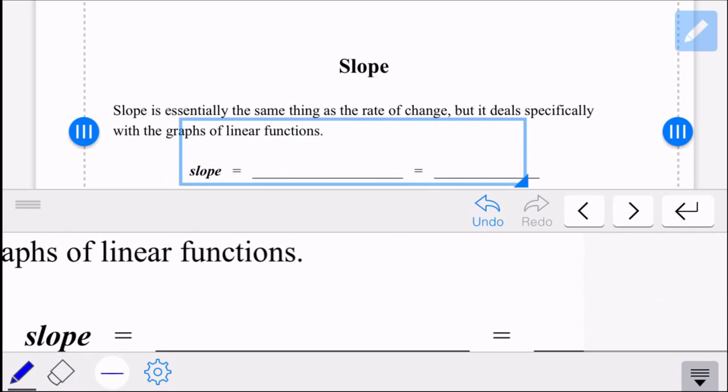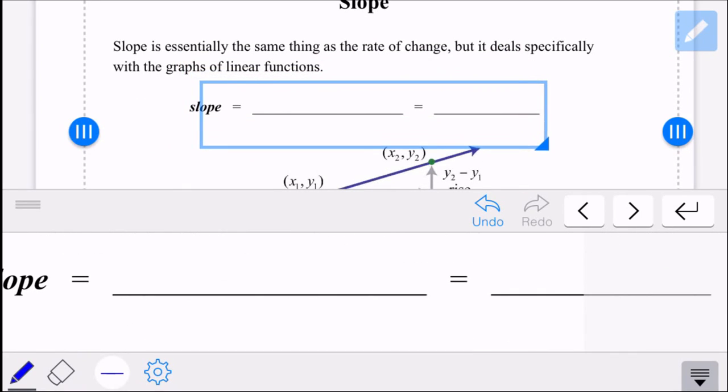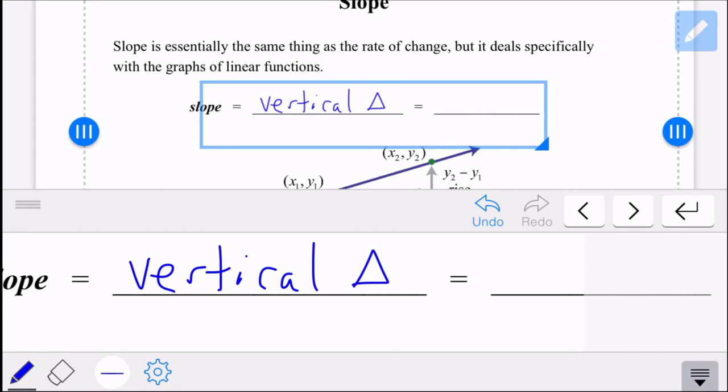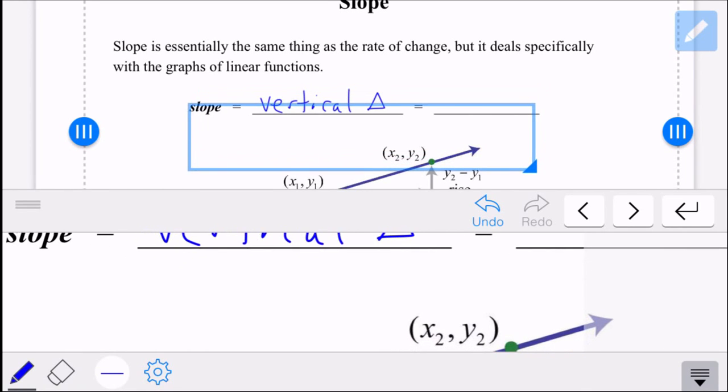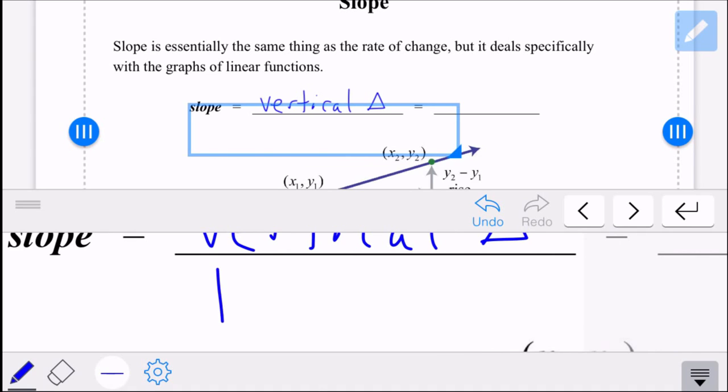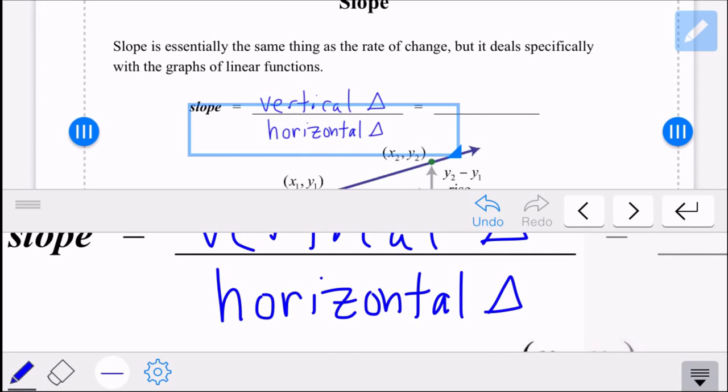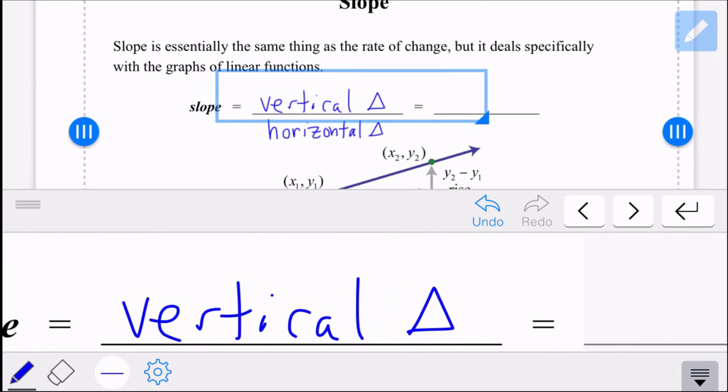So slope is going to be, on our graph, the vertical change. I'm going to use my delta in there for change again, over our horizontal change. Okay, so vertical, that's dealing with our y's. And remember before we had change in y over change in x.